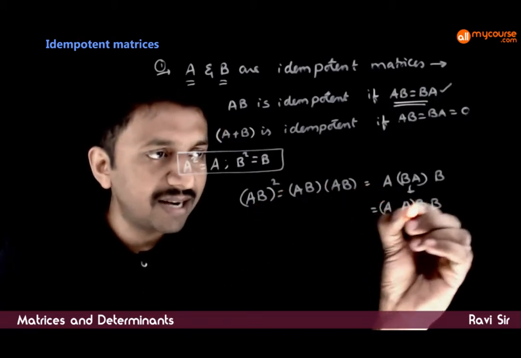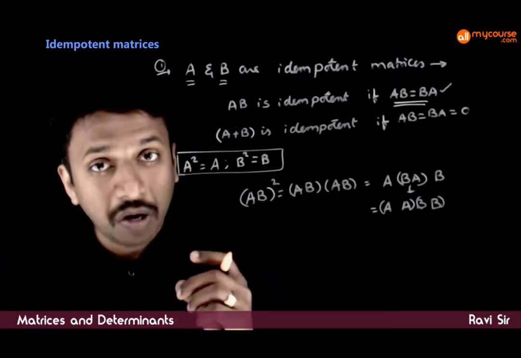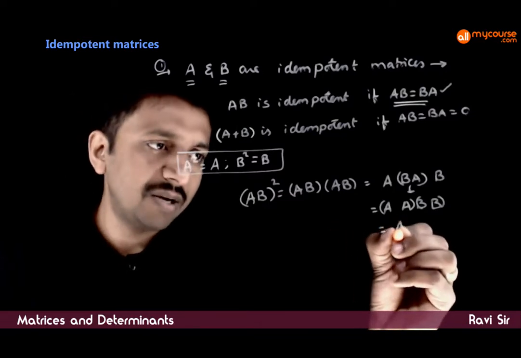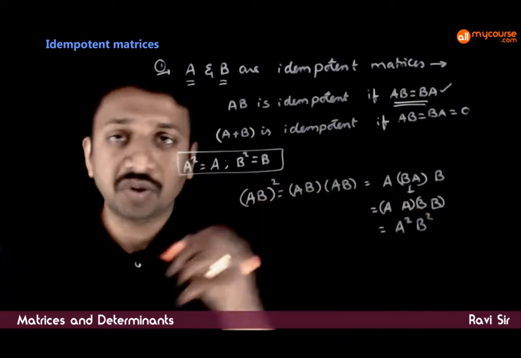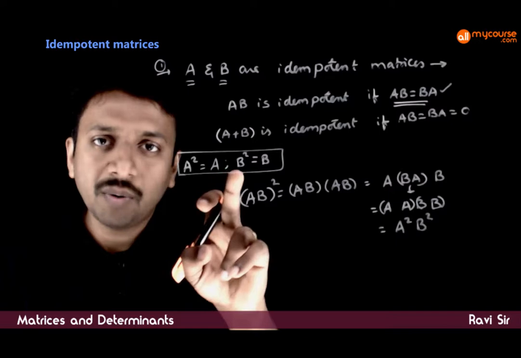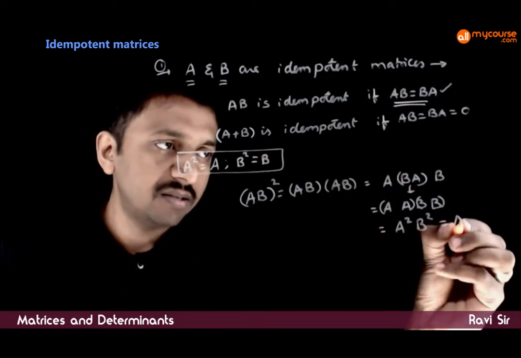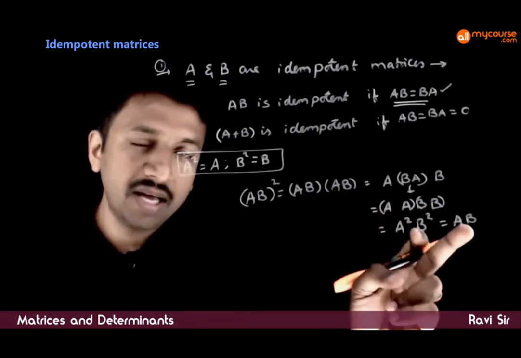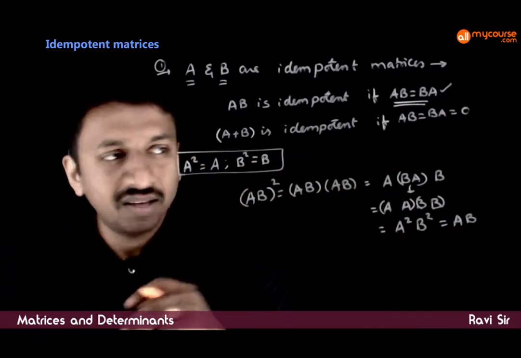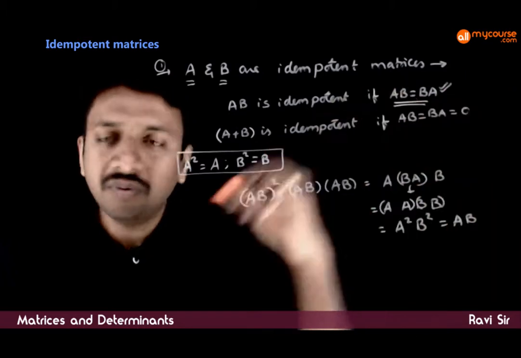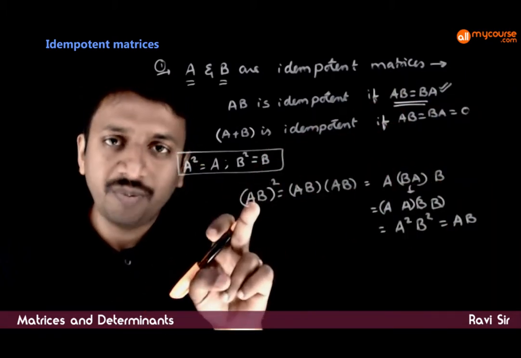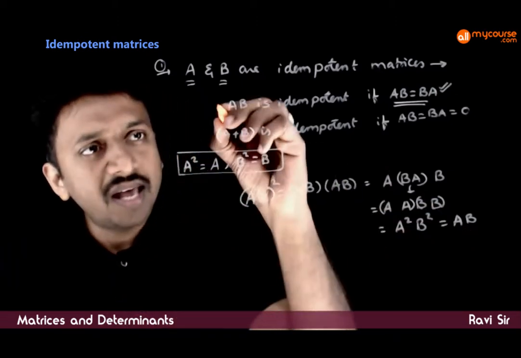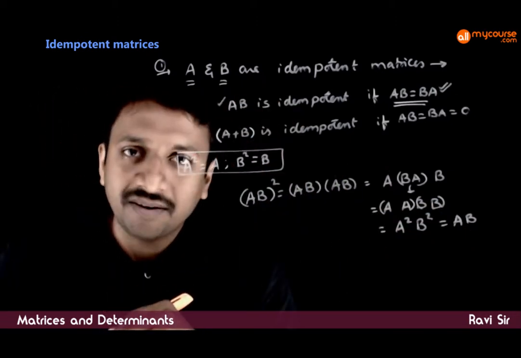Now I change the brackets like this. That is equal to A square, B square. A square is equal to A and B square is equal to B, so you get AB. So AB whole square is equal to AB if AB is equal to BA. Hence AB is an idempotent matrix.